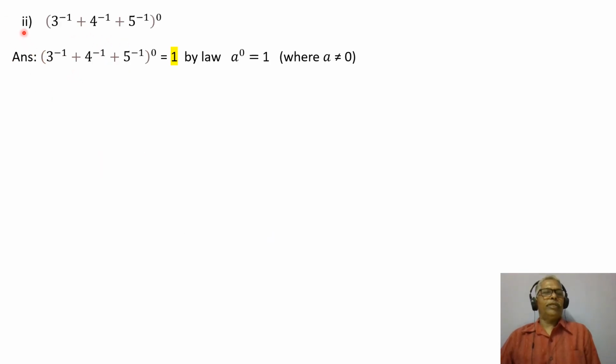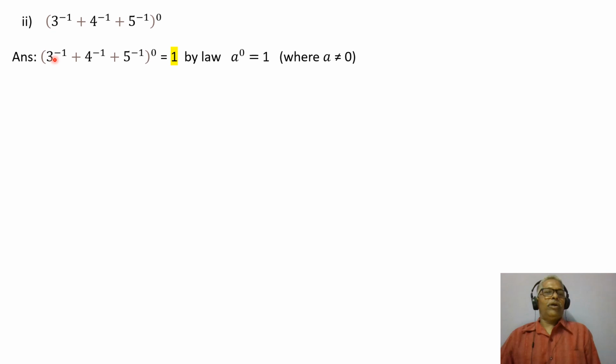Second one, in this type, finding value, read it very carefully: into bracket 3 raised to minus 1 plus 4 raised to minus 1 plus 5 raised to minus 1, the whole bracket completes and the bracket raised to 0. Answer: write the expression as it is.